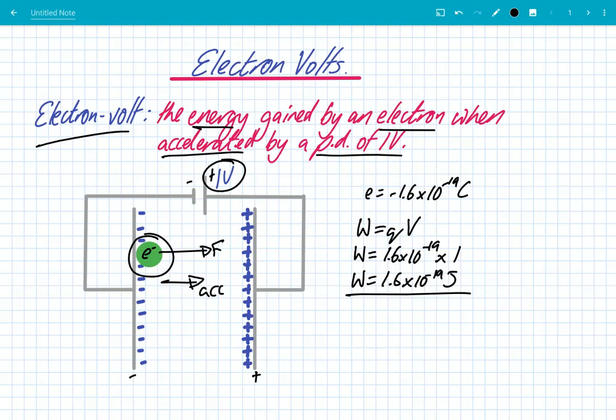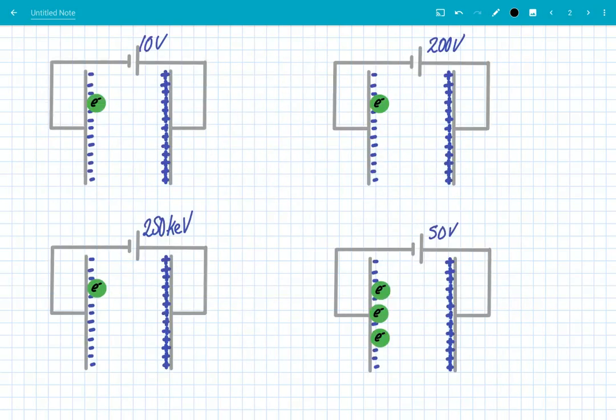We define this amount of energy to be equal to 1 electron volt because we're accelerating 1 electron by 1 volt. And this means that we've got a much more sensible unit to use for particle physics. Let's have a look though, if we used a different accelerating potential difference.